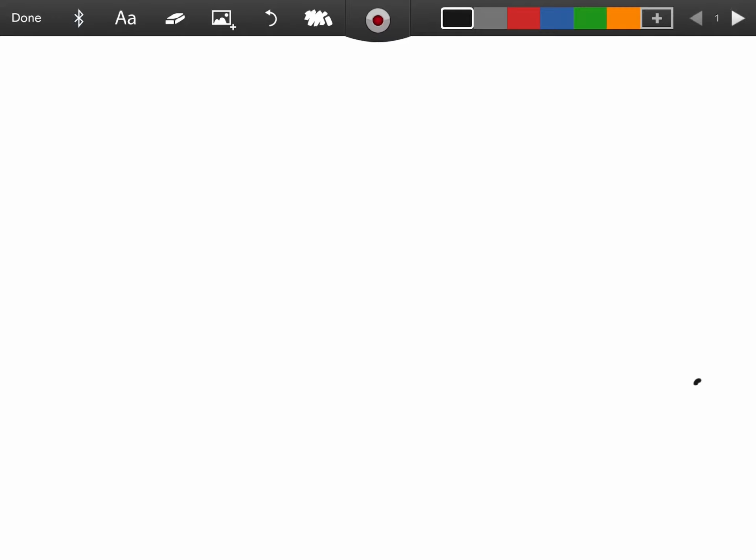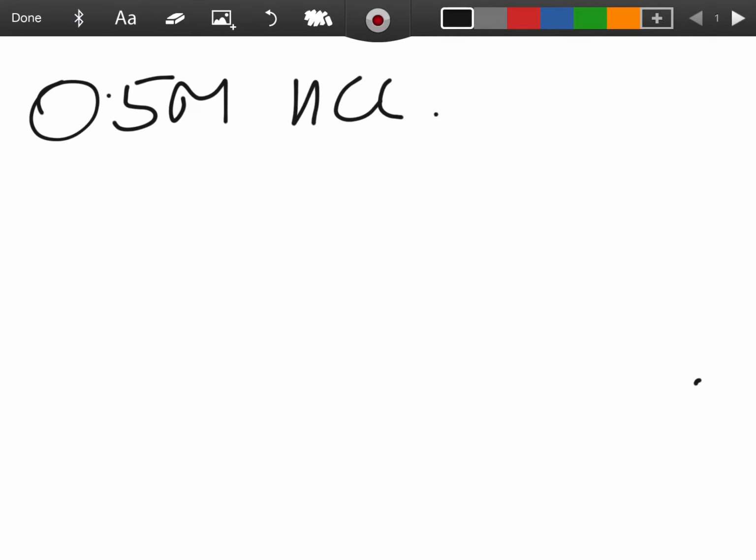Now, the calculations next. They ask you to calculate the pH value of a 0.5 molar solution of HCl, okay? Now, you know that HCl is a strong acid. Also, there has been no mention of a Ka value, so that's another indication that it's a strong acid.